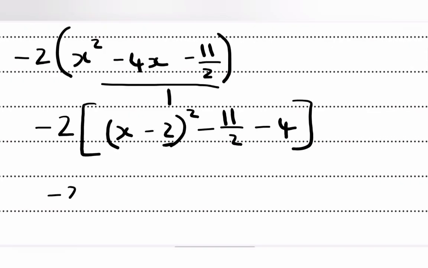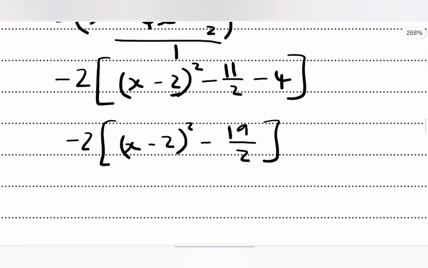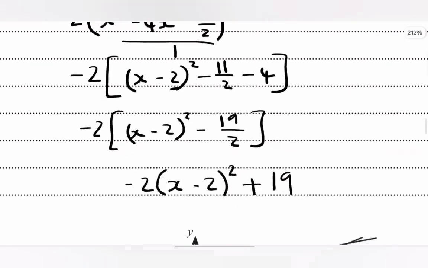So this will be minus 2x minus 2 squared, then minus, this should be minus 5.5 minus 4, that's minus 9.5, which is minus 19 over 2. Now multiplying everything by minus 2, we get minus 2x minus 2 squared plus 19, like this.